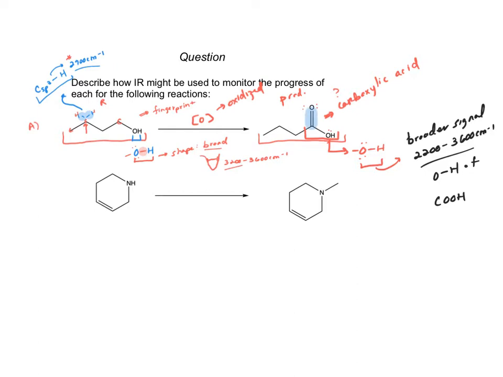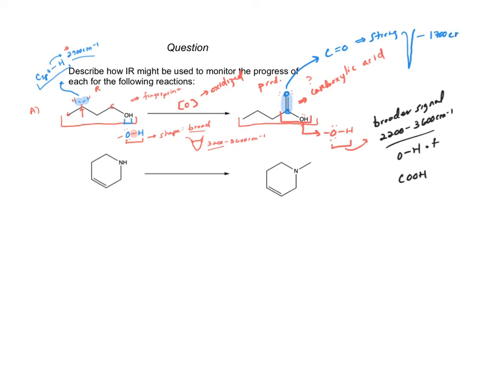This is a carbon-oxygen double bond. This carbonyl group is going to give us a very strong signal. So we get a very deep absorbance, right? It's still fairly narrow, but strong. And we can expect this at about 1700 inverse centimeters in that area of the double bonds, right? So we get a very strong signal for that carbonyl group.